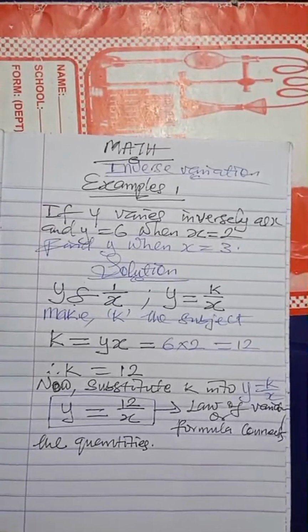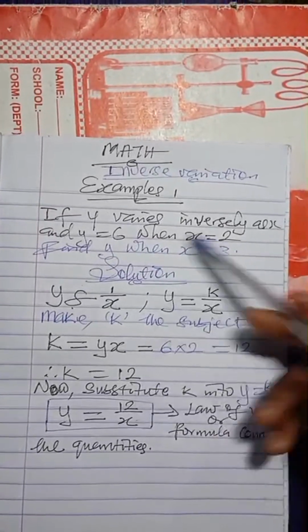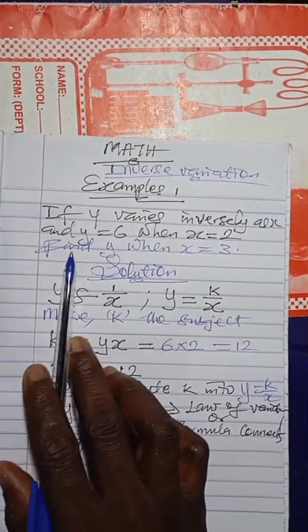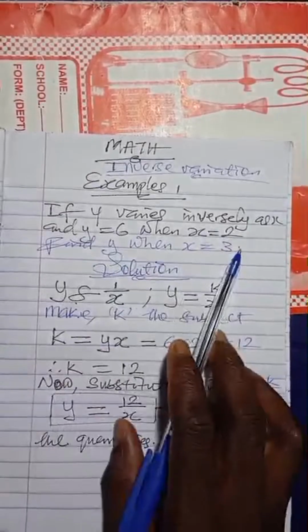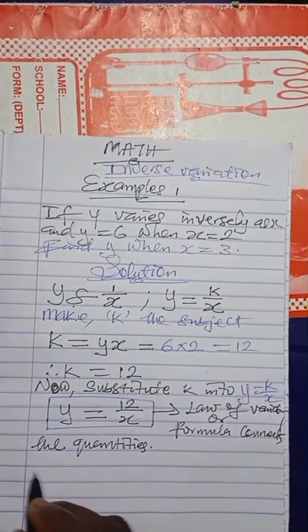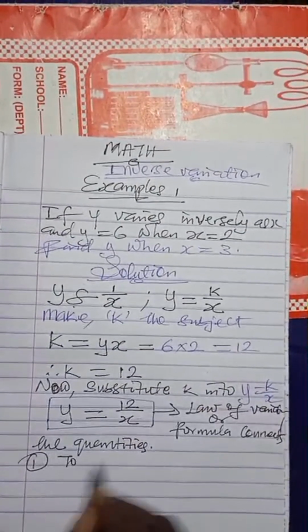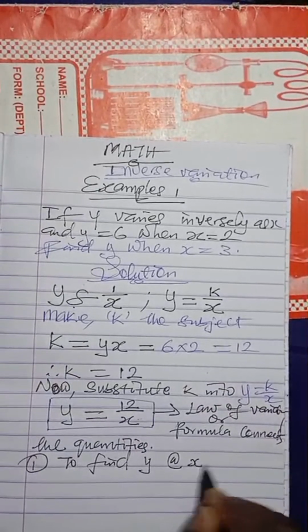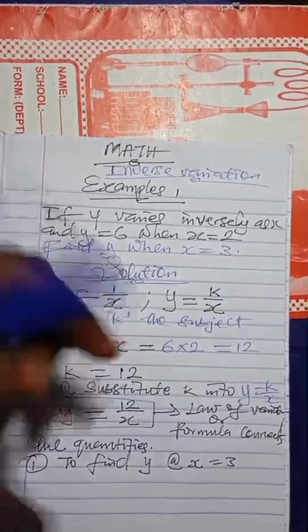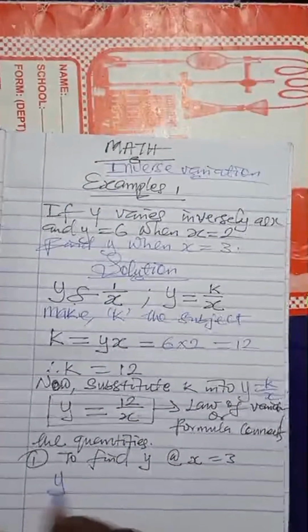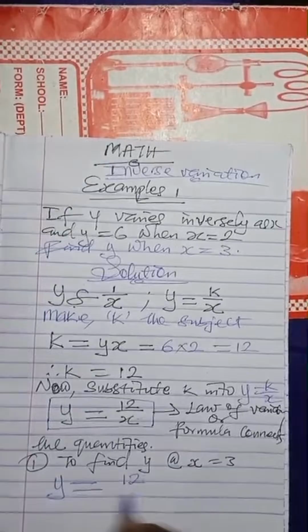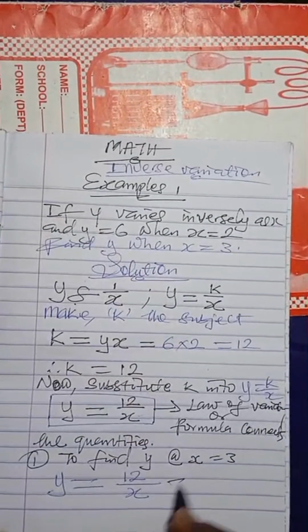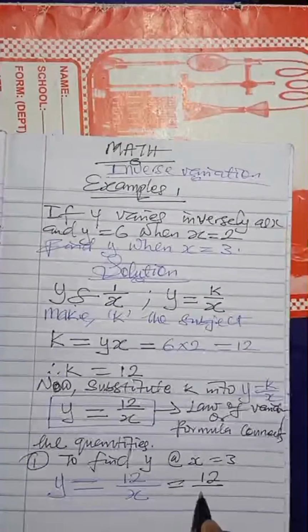All right, so we are going to use this formula to solve any other problem, like we have here: find y when x is equal to 3. So we proceed. To find y at x equals 3, you just have y is equal to 12 divided by x, so I have 12 over 3.